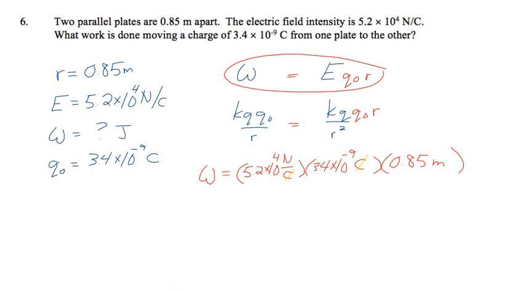And a newton meter is a joule, so I will get the answer in joules, and that answer came out to be 1.50 times 10 to the negative 4 joules. All right, any questions on that one?